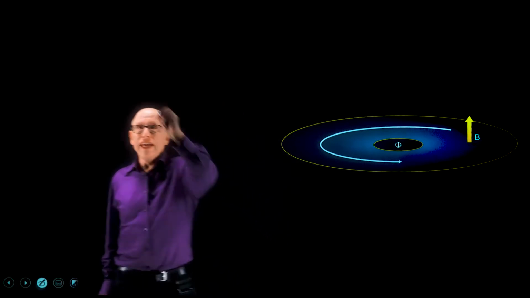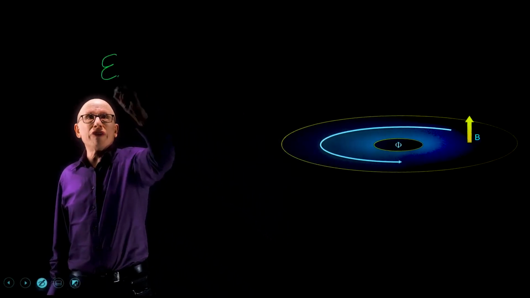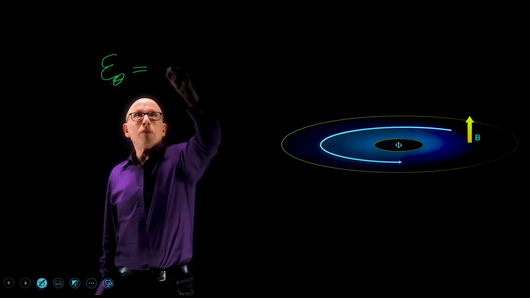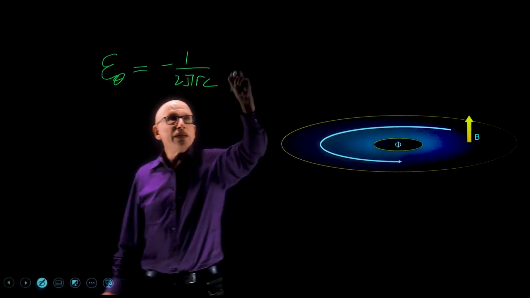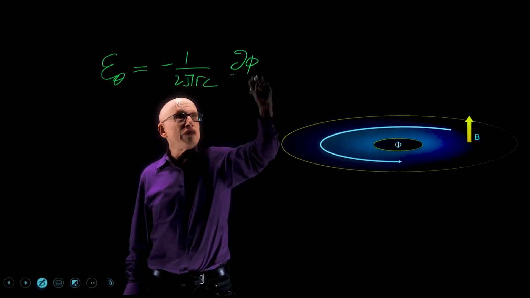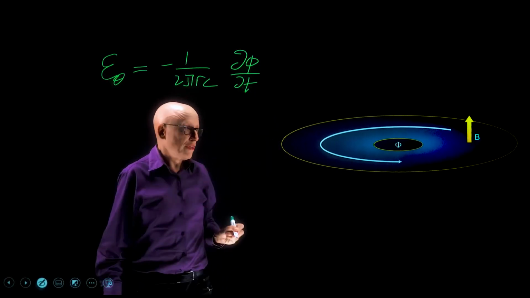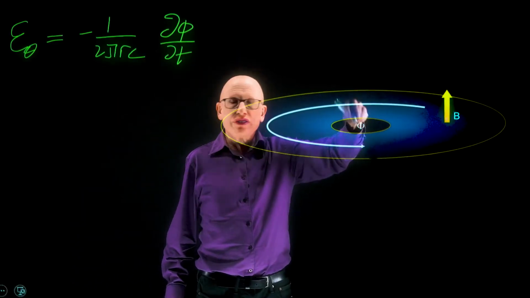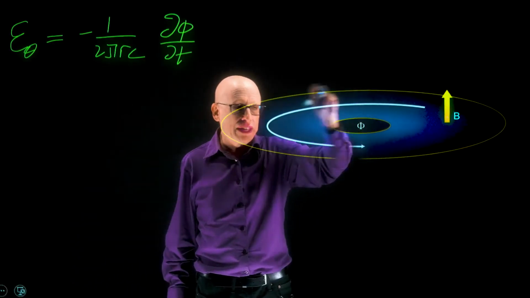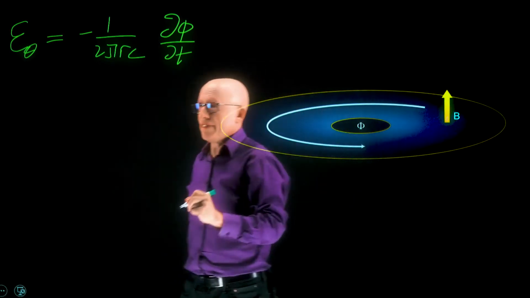We generate an azimuthal electric field which is -1 over 2 pi Rc times the derivative of the flux with respect to time. Of course, if you are inside the solenoid, you also feel a Lorentz force, but we are not. We are thinking about what happens in the disk.